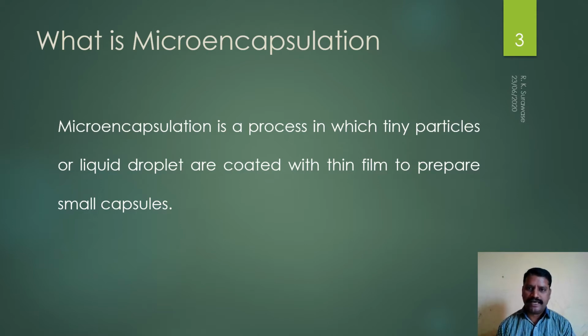For example, you can use HPMC, ethyl cellulose, Carbopol 934P as a coating material as per the requirement of the formulator. Suppose you want to prepare a sustained release or controlled release, then as per the specification or standard, you can use a suitable coating material phase in a suitable manufacturing vehicle. So this is the introduction to the microencapsulation technique.